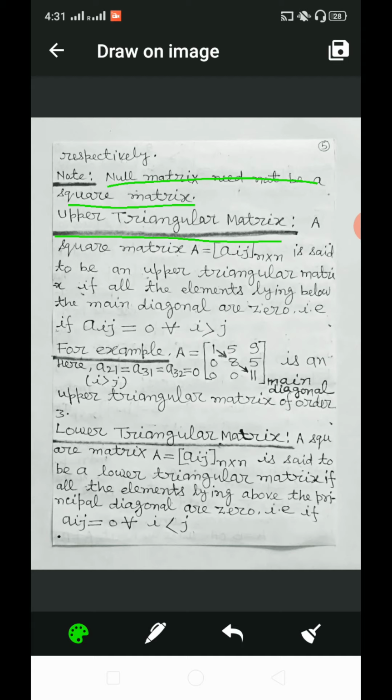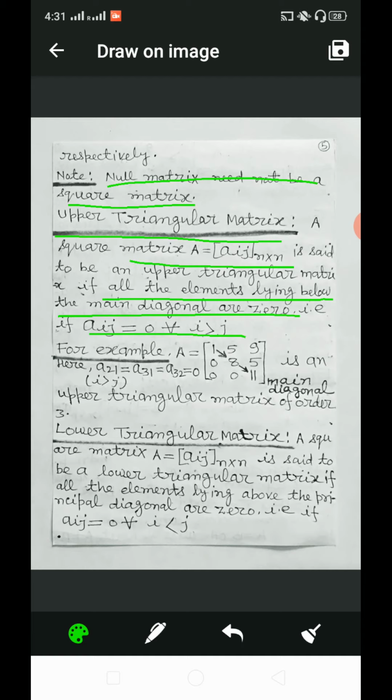A square matrix A equal to Aij is said to be an upper triangular matrix if all the elements lying below the main diagonal are 0. That is, if Aij is equal to 0 for all i greater than j. Here you have given an example.